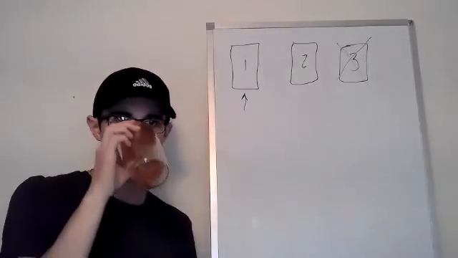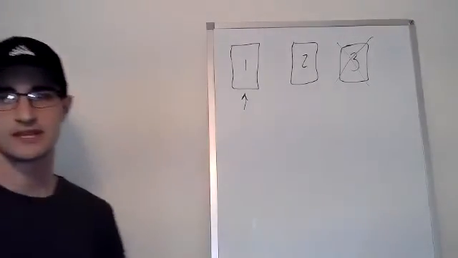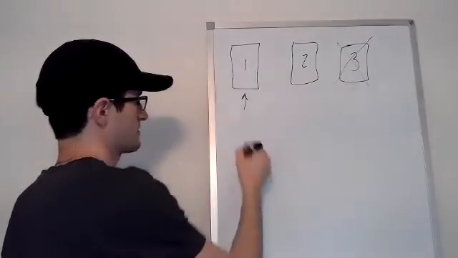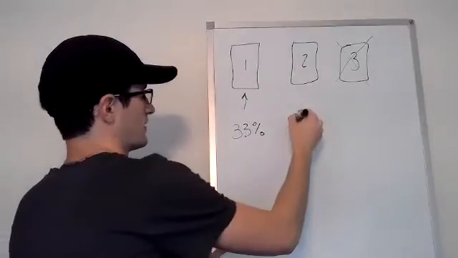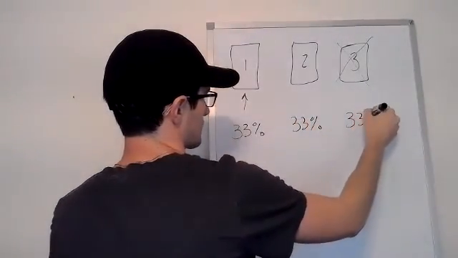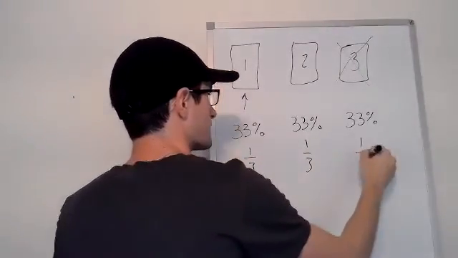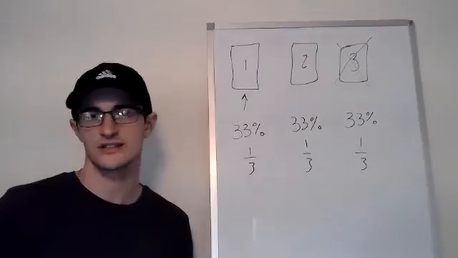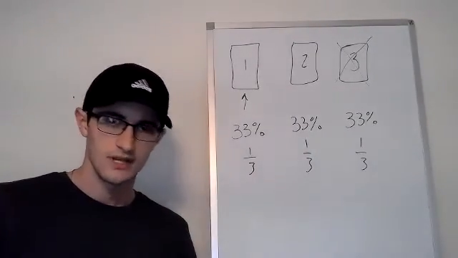Well, let me walk you through it. So when you start out, there's 3 options. That means each door has a 33% chance, or 1/3. There's a 1/3 chance that it's behind it. It's random chance. There's no way to know. You just got to pick one and go with it.